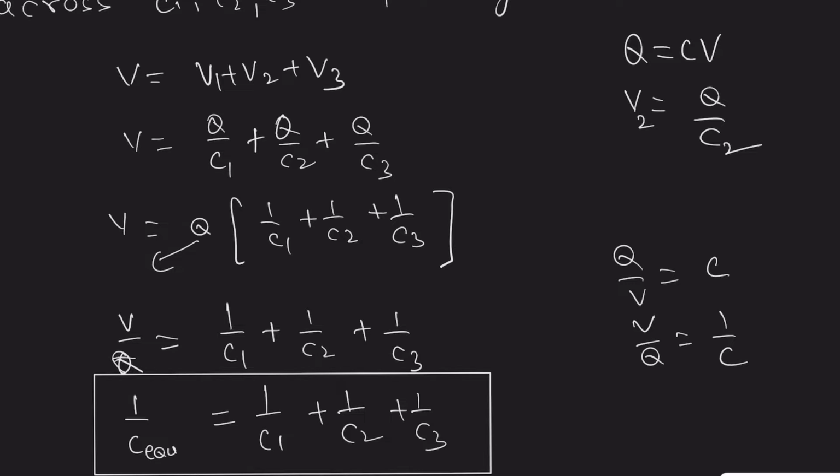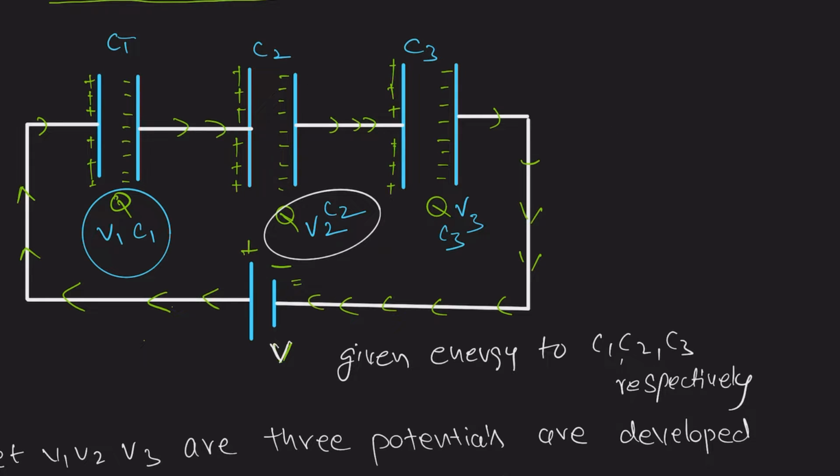So if C1, C2, C3 are connected in series, then we get the equivalent capacitance as 1 by C equivalent is equal to 1 by C1 plus 1 by C2 plus 1 by C3. How do you write this answer?